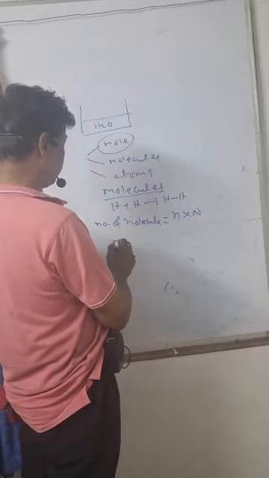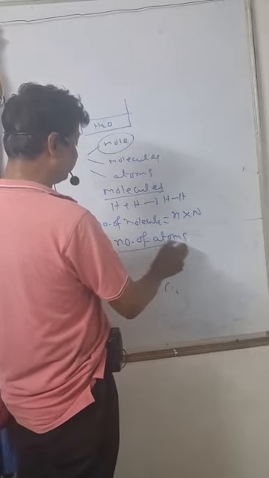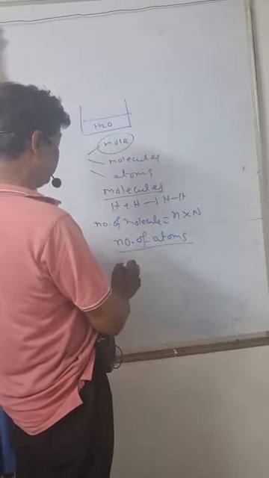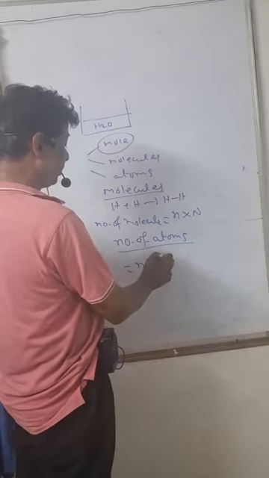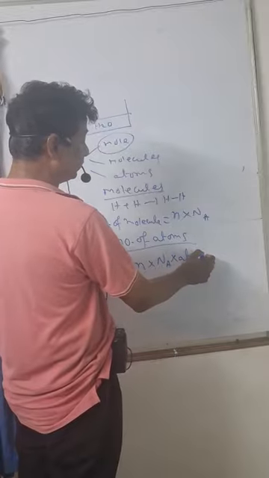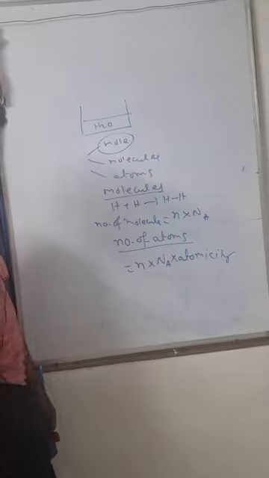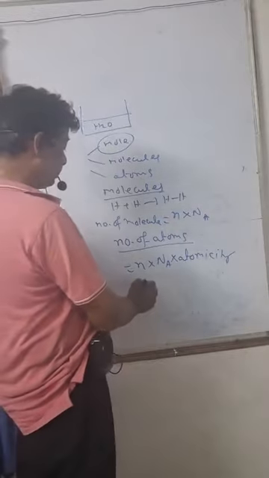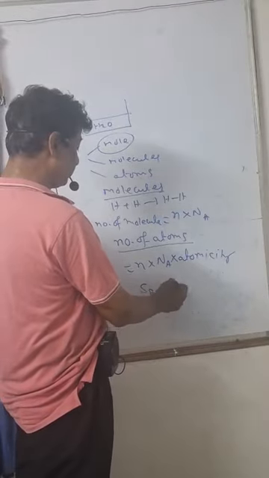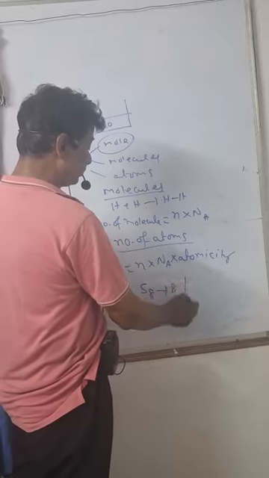Okay. Number of atoms. How to find number of atoms? It is equal to small n into capital N into atomicity. Number of moles into atomicity. S8, what is atomicity? 8. O3, atomicity 3.